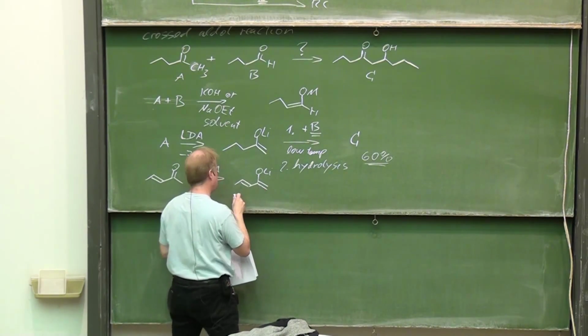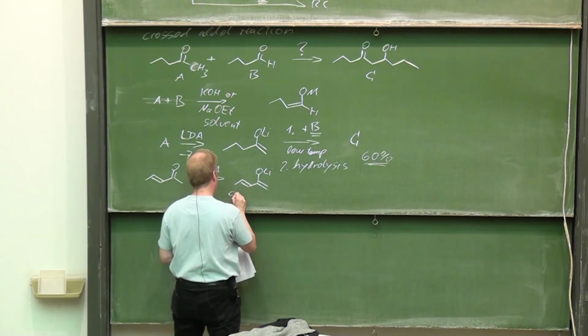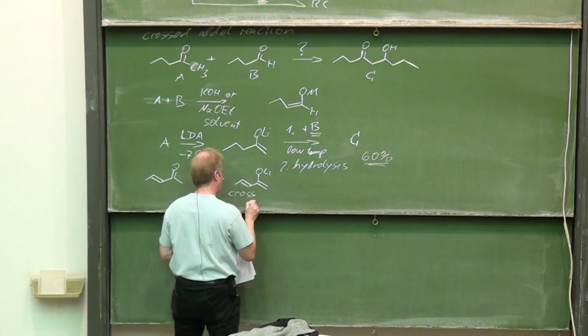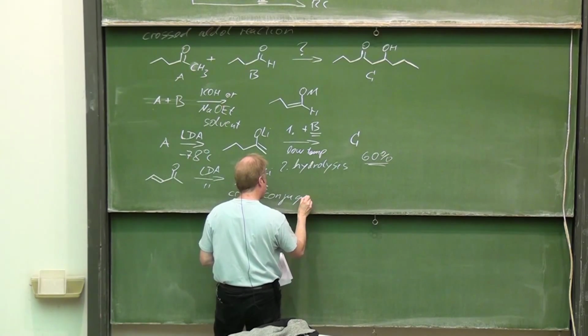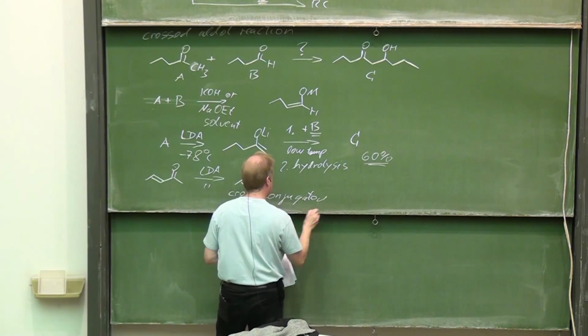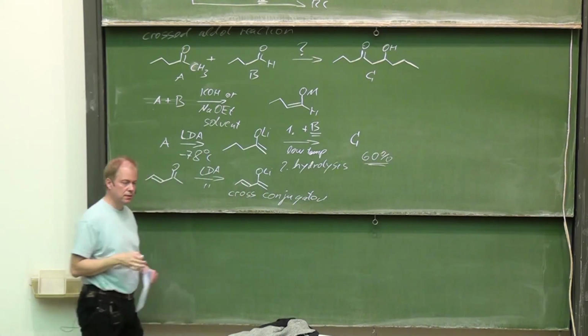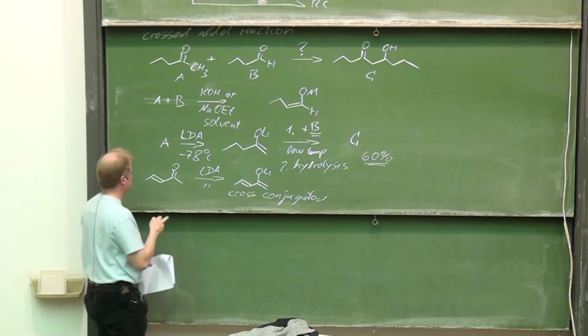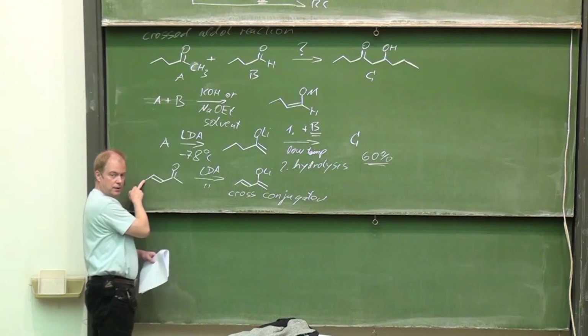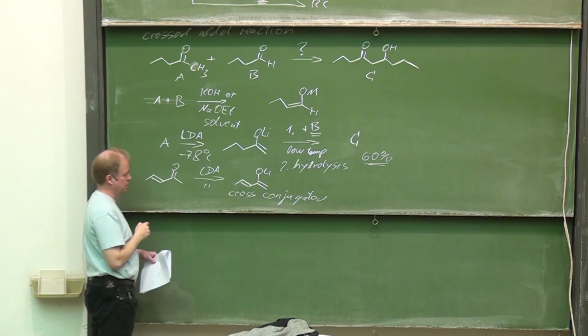This enolate is called the cross-conjugated one. Instead of the linear conjugated enolate, if we deprotonate here at the terminal position, this here, we would get the linear conjugated one.